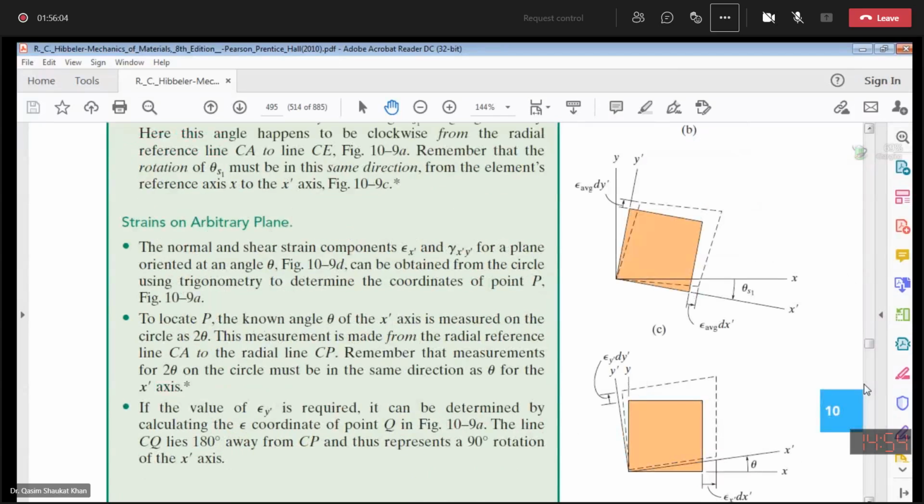So if the value of epsilon y dash is required, it can be determined by calculating the normal strain coordinate of the point Q. The line CQ lies 180 degrees away from CP and thus represents a 90-degree rotation of the x dash axis. Is this clear? Yes, sir.